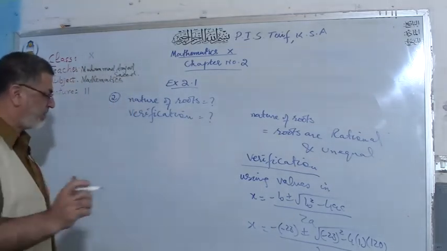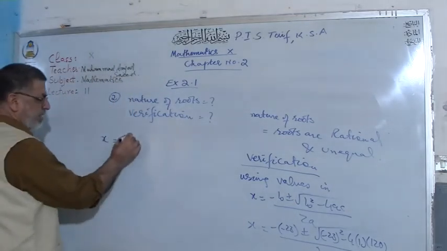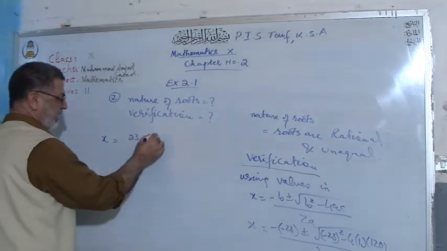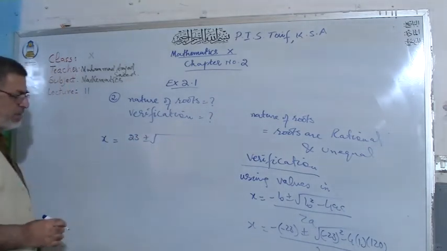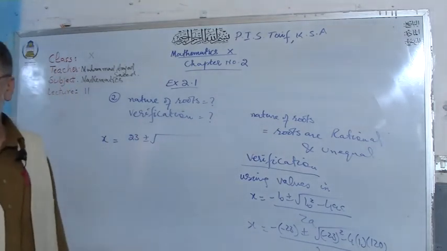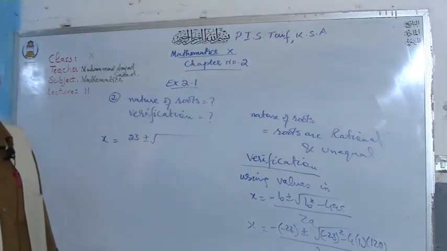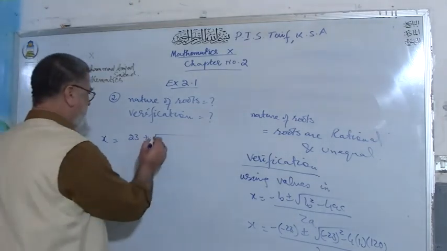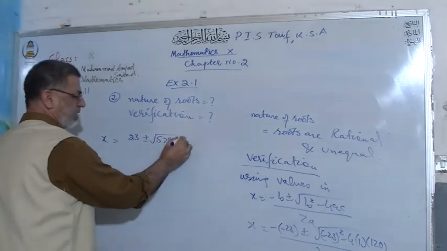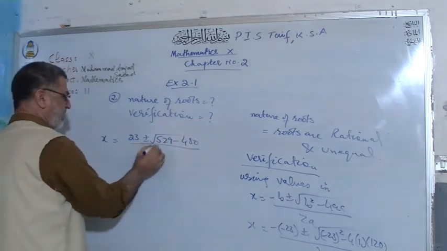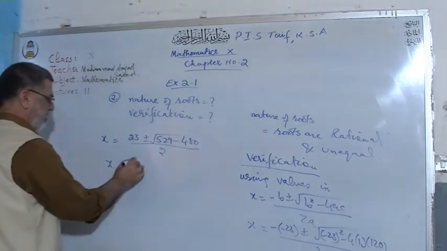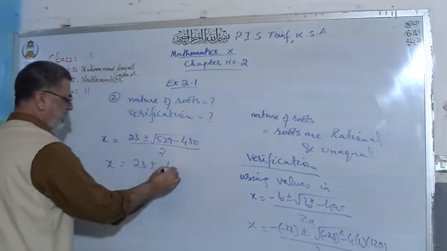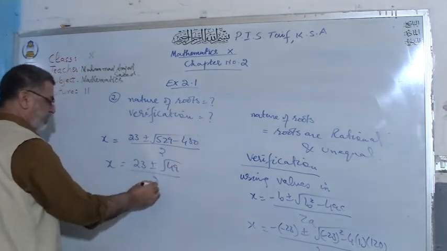Here we will have x is equal to 23 plus minus square root of 23 square, which is 529, minus 480, divided by 2, that is 23 plus minus square root of 49 over 2.